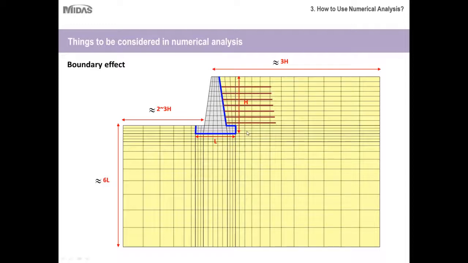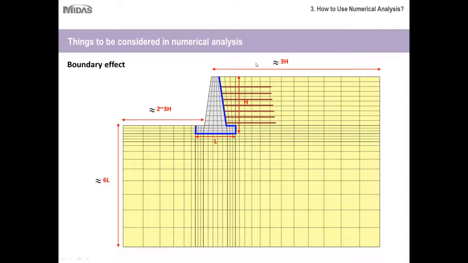And if you notice here, then you'll see the height. If the height of the wall is H, then you would have to consider the extent of soil as 3 times the height of the wall. And if the length of the foundation is L, then you have to go below the foundation to approximately 6 times the length of the foundation. And in the same manner, you have to consider in the front side 2 to 3 times the height of the wall.